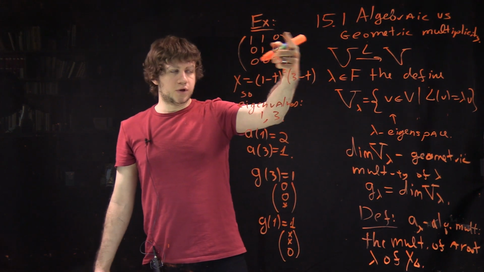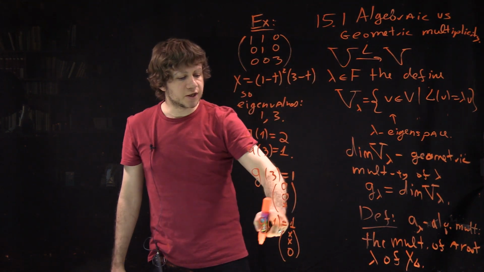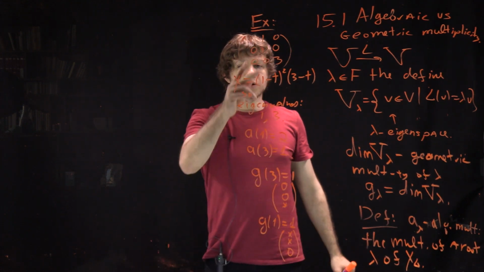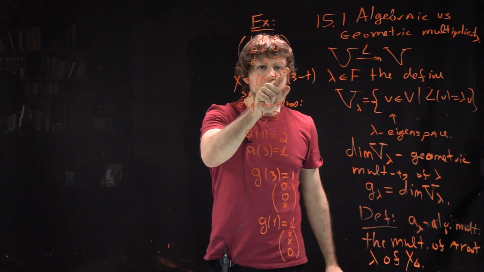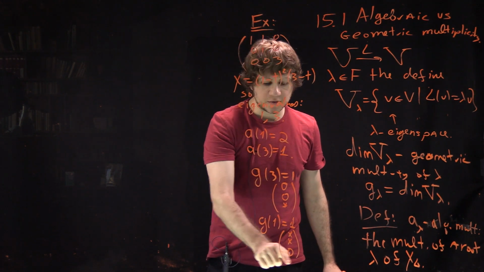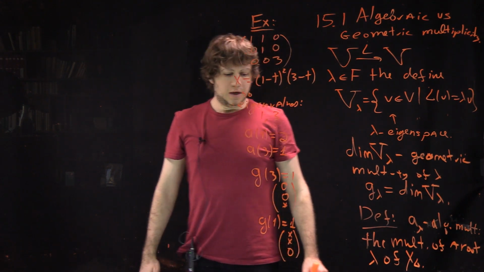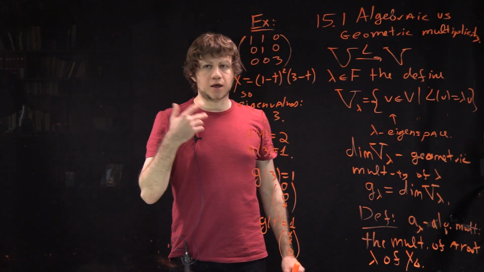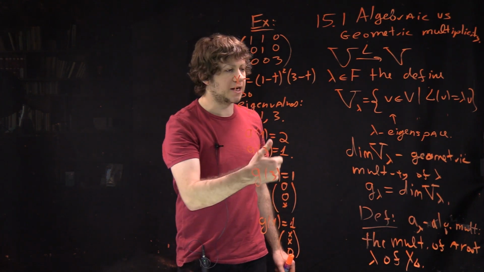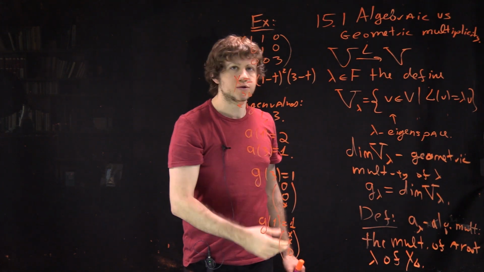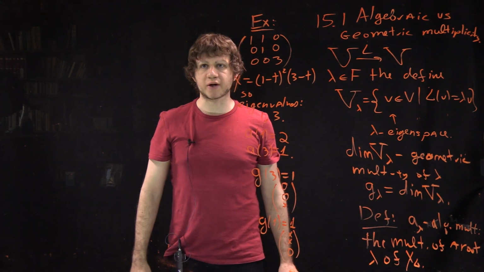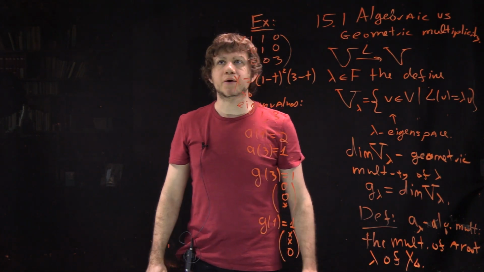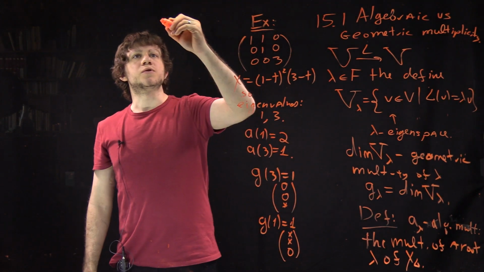If you just solve the system of equations, you will immediately see that these are the only eigenvectors. So though the algebraic multiplicity is 2, the geometric multiplicity is smaller. We have just 2 linearly independent eigenvectors for these 2 eigenvalues, while the whole space has dimension 3.